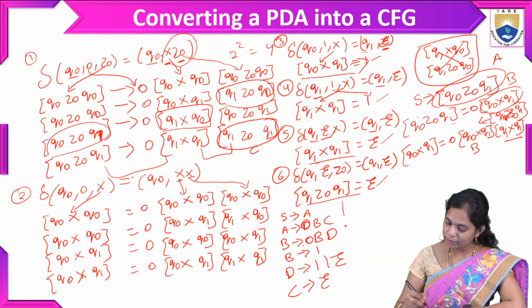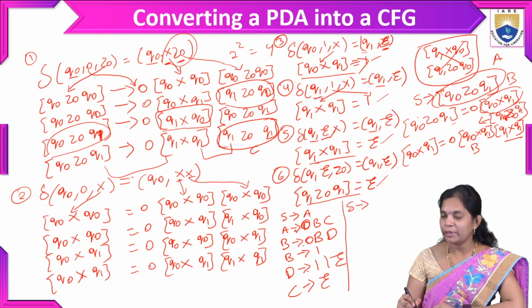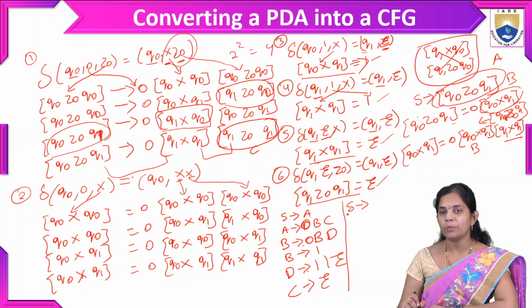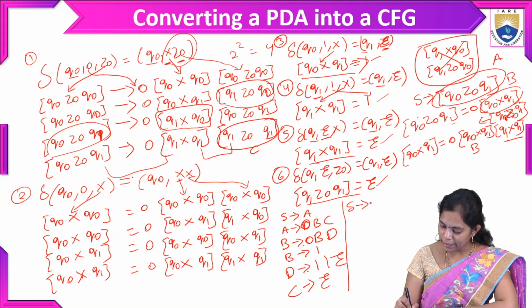So all together we will simplify. S tends to A. While eliminating the unit production, we have the value A tends to 0 B C, and also we have A tends to epsilon there.